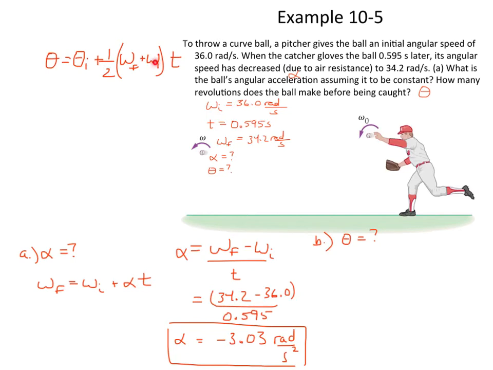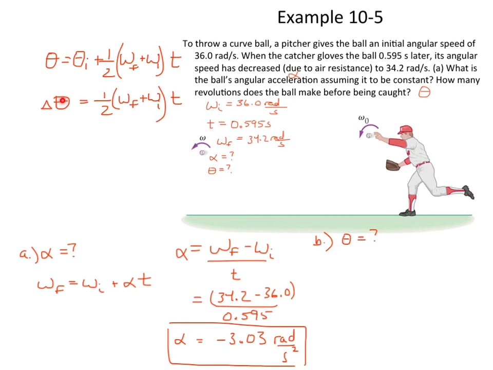You add two things and divide them by 2, that's your average. So that's your average angular velocity times time, and you add that to your initial position. Well, we're going to assume our initial angular position is 0. It's starting at no radians. It hasn't rotated at all before he throws it. So we're really going to take this side and just turn that into delta theta. Delta theta equals 1/2 times the final angular velocity plus the initial angular velocity, all multiplied by time. That's the equation we can use to solve for our total angular displacement.